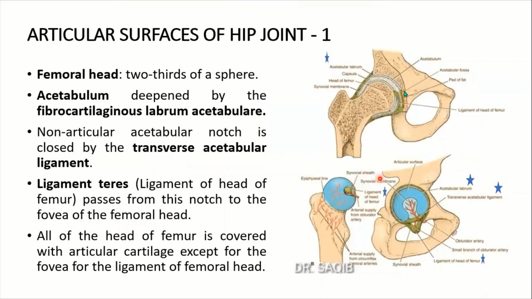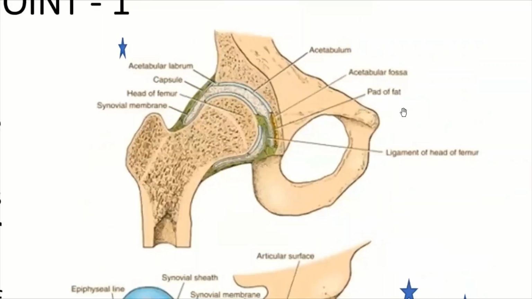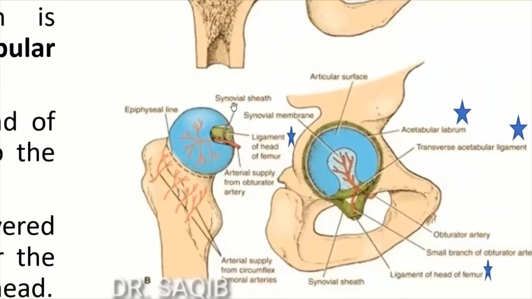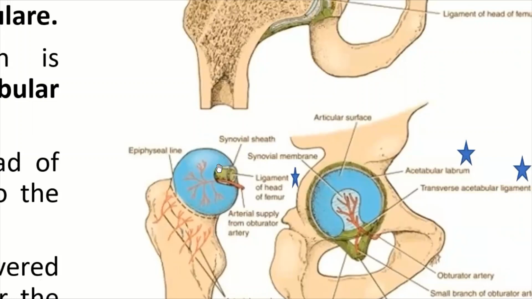Again, I zoom in for you. Here you could see, in this zooming in. Yes, here, this is the fovea of the head of the femur. And this is the ligamentum teres, cut over here. And this is attached in that fovea of the head of the femur, extending from the transverse acetabular ligament to this fovea of the head of the femur.